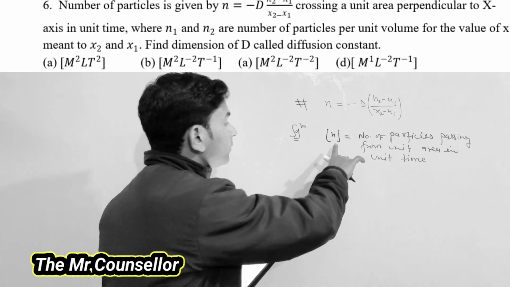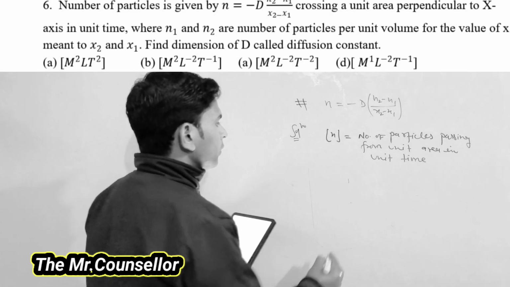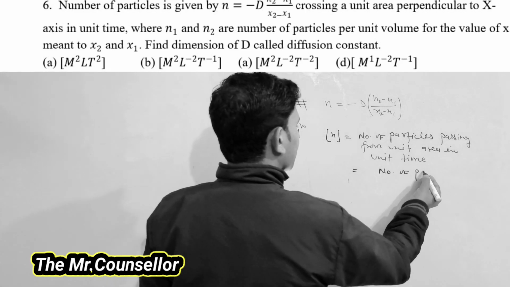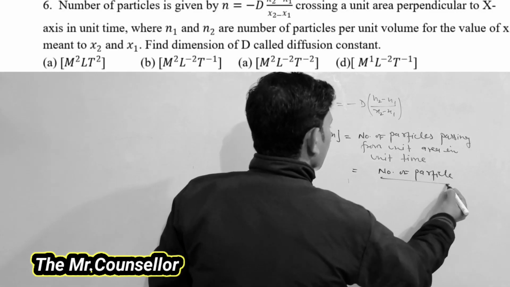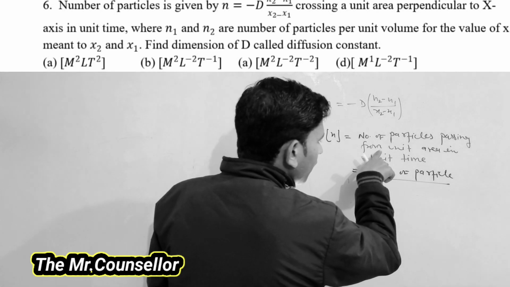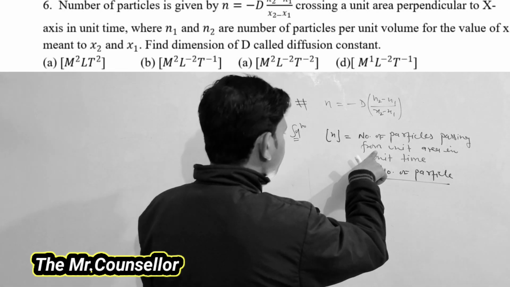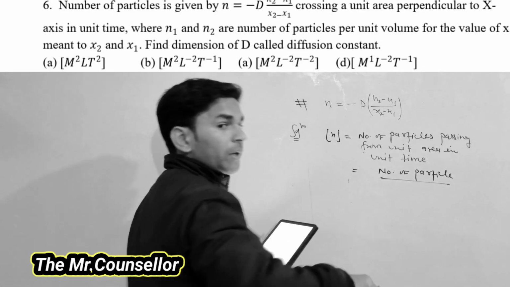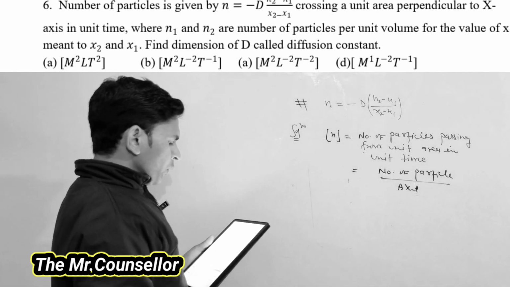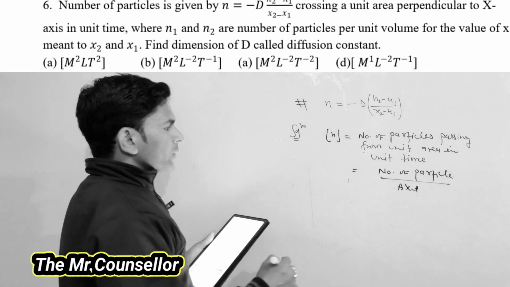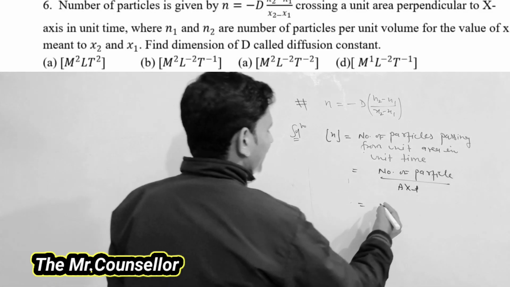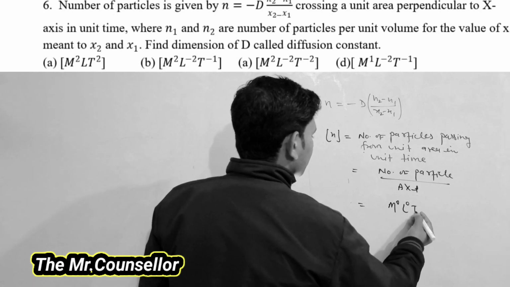It means number of particles from unit area A in unit time T. You know very well that the number of particles is dimensionless, so you can write M⁰L⁰T⁰.